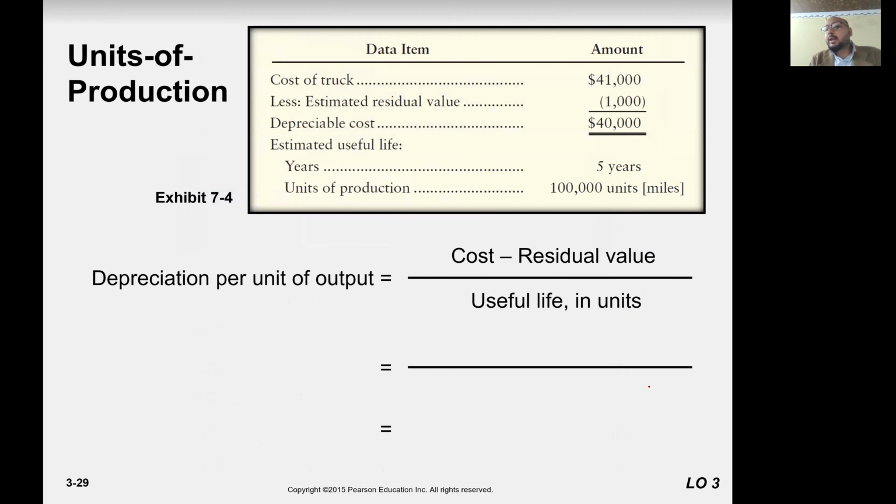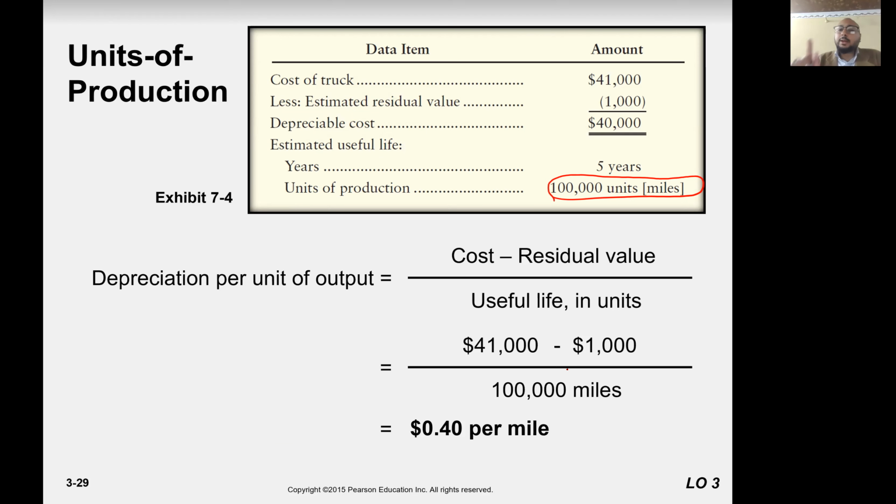So in our case, we have truck useful life in units 100,000 miles. So how much is the depreciable cost? 41,000 minus 1,000 divided by 100,000. It means per mile, the depreciation is $0.4.